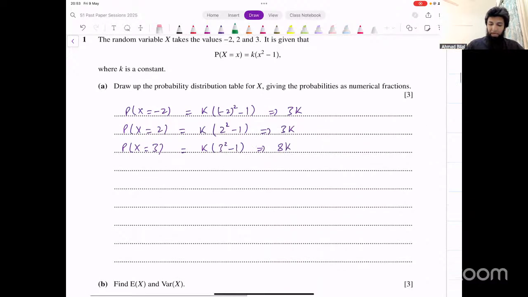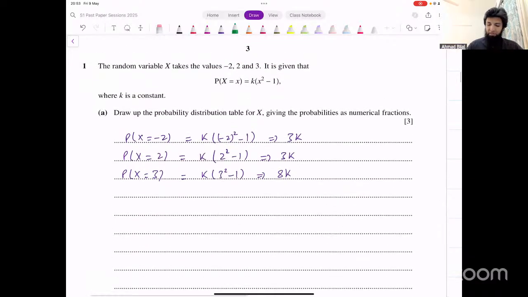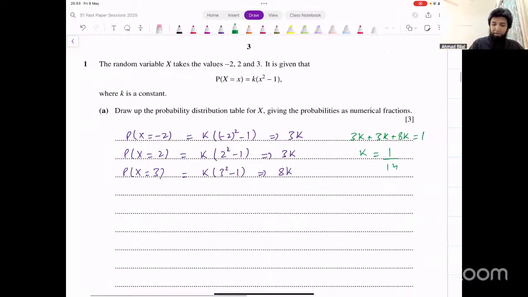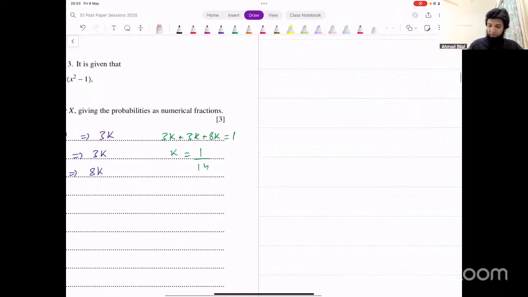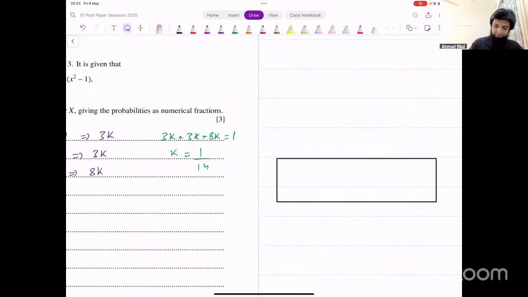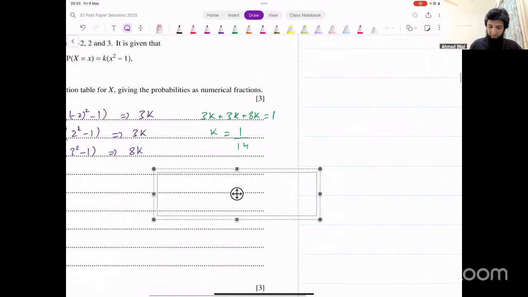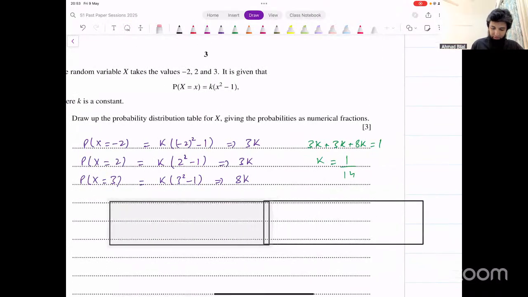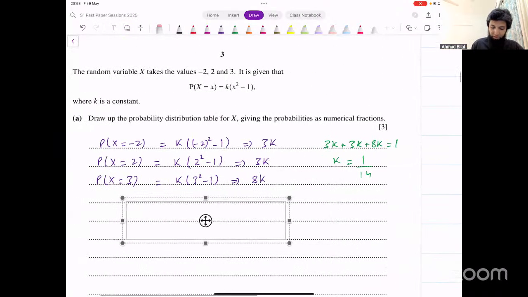Now, can we find the value of k from this? The sum of all of these probabilities has to be 1, right? So 3k plus 3k plus 8k is supposed to be 1. So the value of k that we get from this is 1/14. Now we can make a table that looks like this. Make a table for this, the probability distribution table.